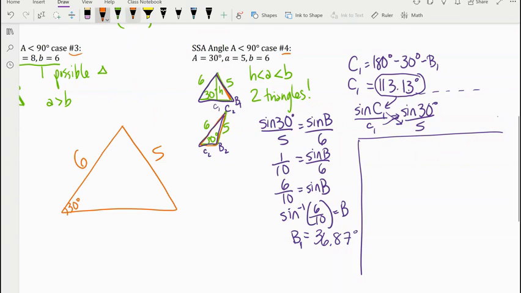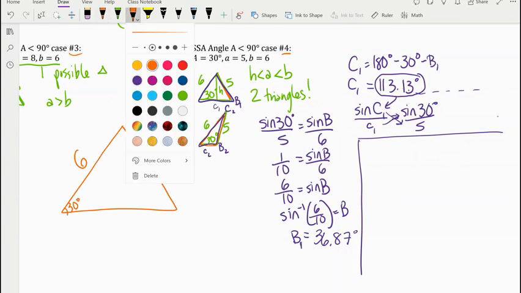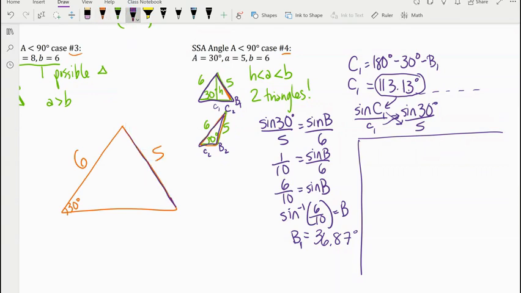If I were to swivel, so I take this side length and I swivel it, I still have a side length of 5. I didn't do a very good job, but I still have a side length of 5 here. But now I have this smaller triangle that also is 30 degrees with a side length of 5 and a side length of 6. So how do I solve this smaller one?